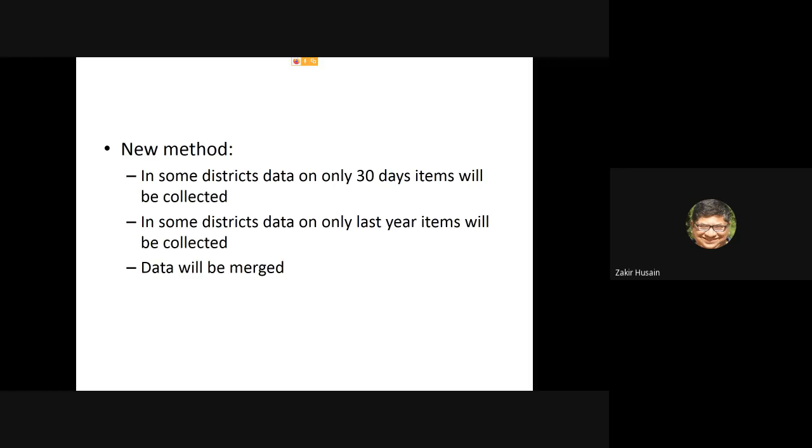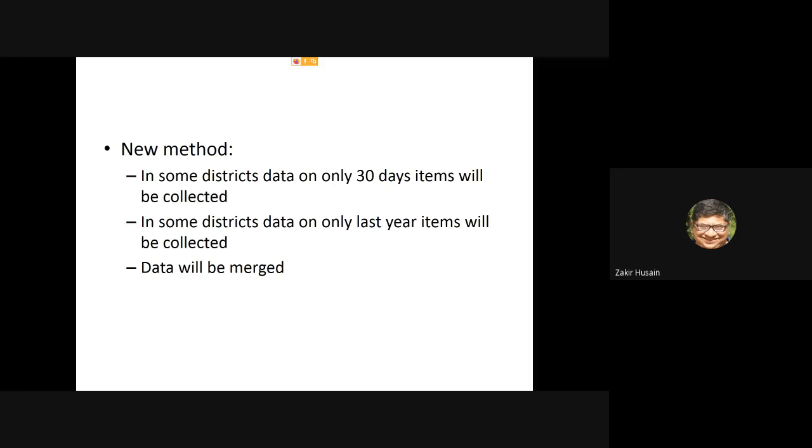So that means they will go to you and collect data on expenditure on certain items for only 30 days. They will come to me and collect data from me for another set of items using a recall period of 1 year.